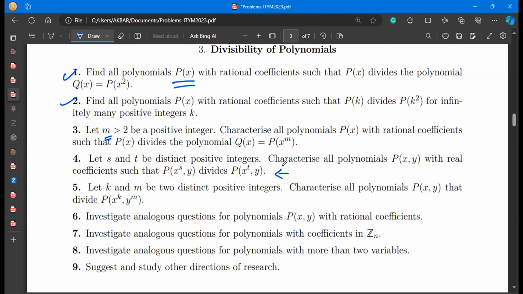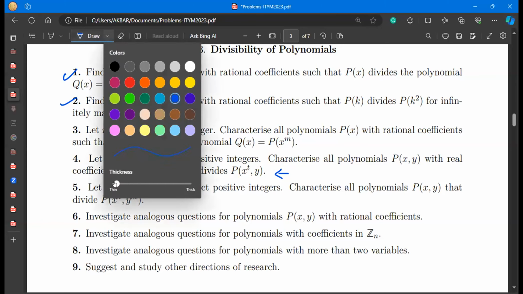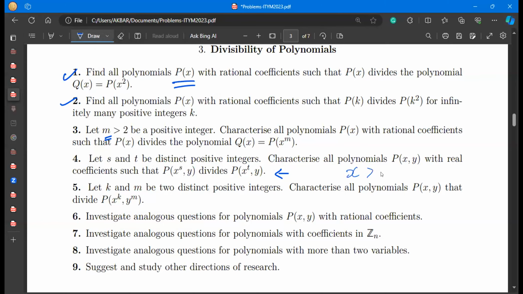This should not be very different from polynomials with one variable, because polynomials with two variables can be considered as polynomials with one variable: you take care of one variable at a time and then go for the second variable. That is what we call ordering. By ordering, we mean that I give preference to x.